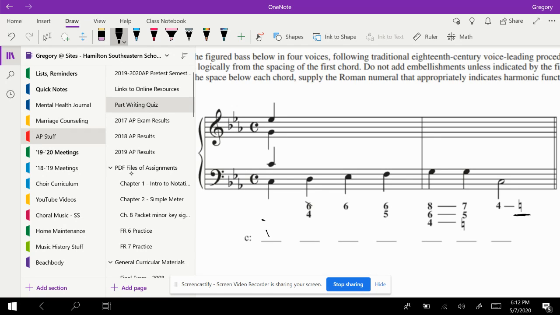When you have a 6/4 with a slash through it, that means three things. It means that the bass note is the 5th of the chord, which means that that is in second inversion.